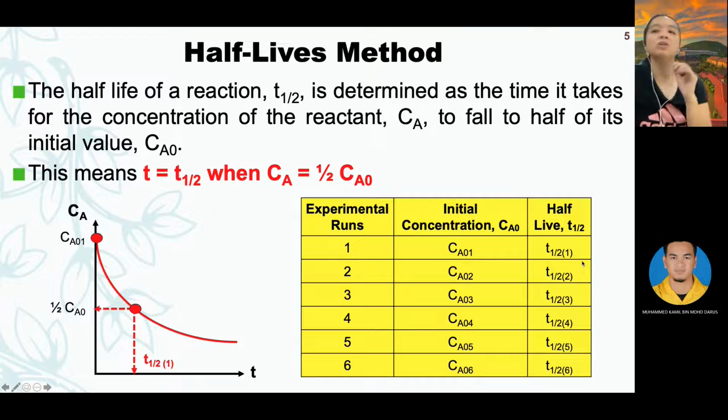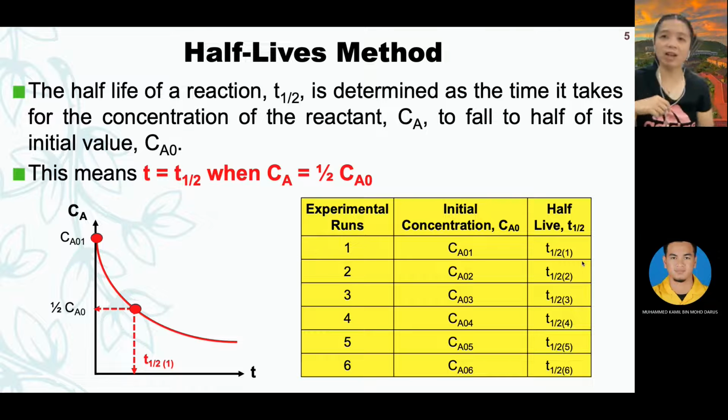Okay, so this method, the cons of this method, is that you have to redo a few series of experiments because each time you run one run, you can only prepare one fresh solution. So katakan run pertama dah prepare pada 5 molar, catat berapa masa dia jadi 2.5 molar, that's run 1.